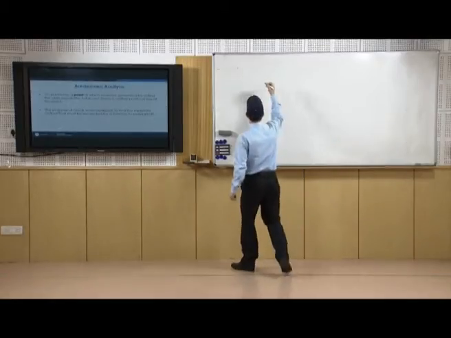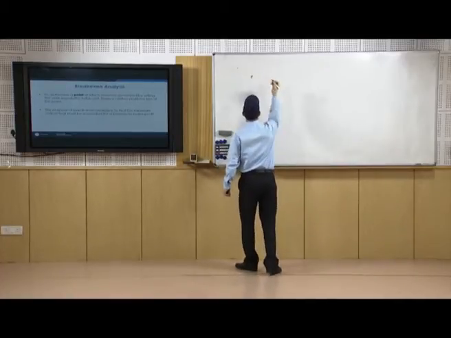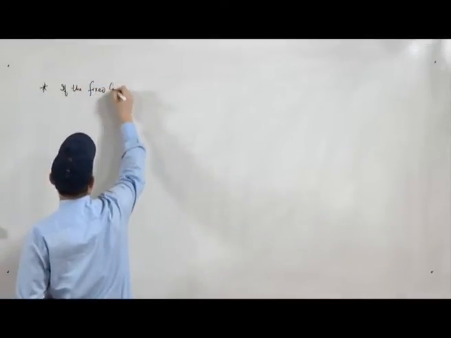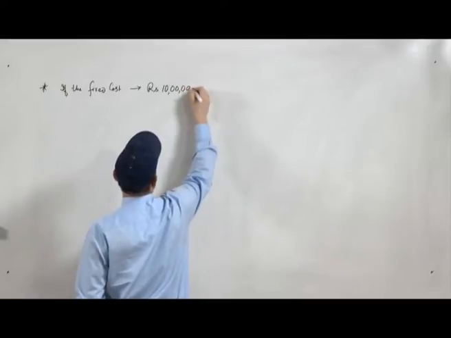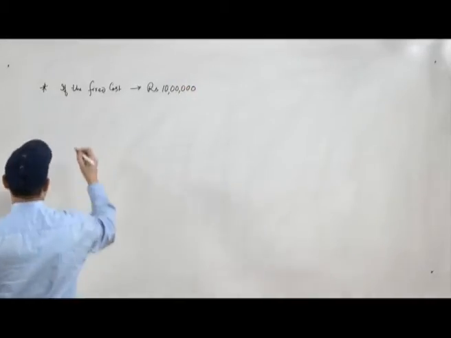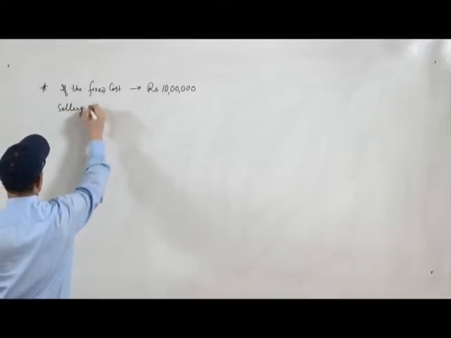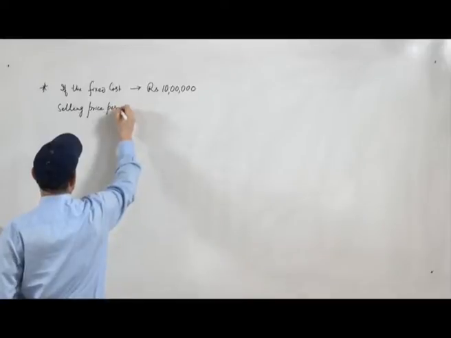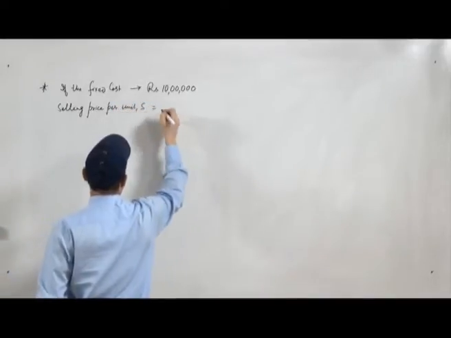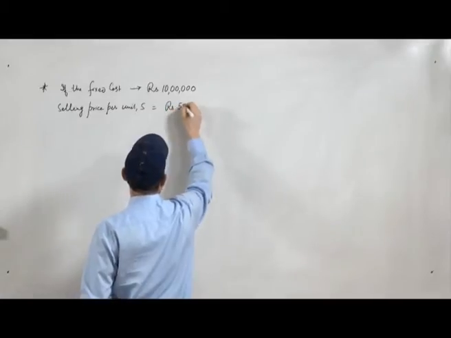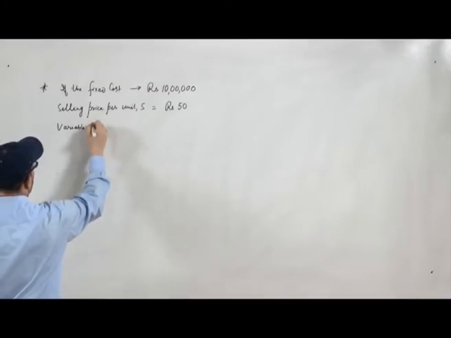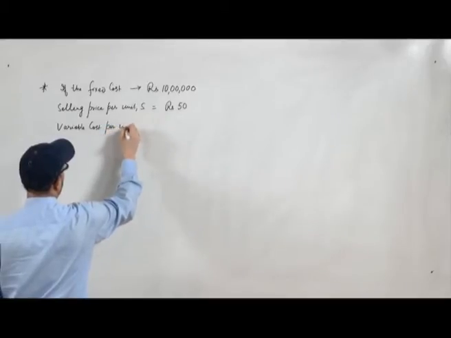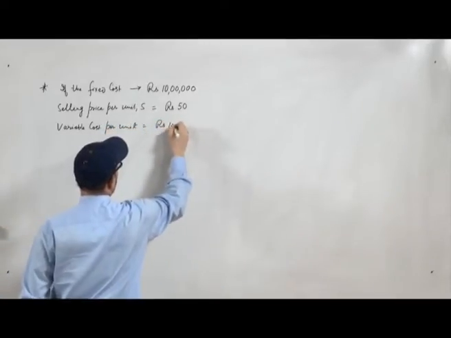So, let us see, we have a problem given as this, that if the fixed cost per year is given as rupees 10 lakh, selling price per unit, that is S, is given as rupees 50 and variable cost per unit is given as rupees 10.